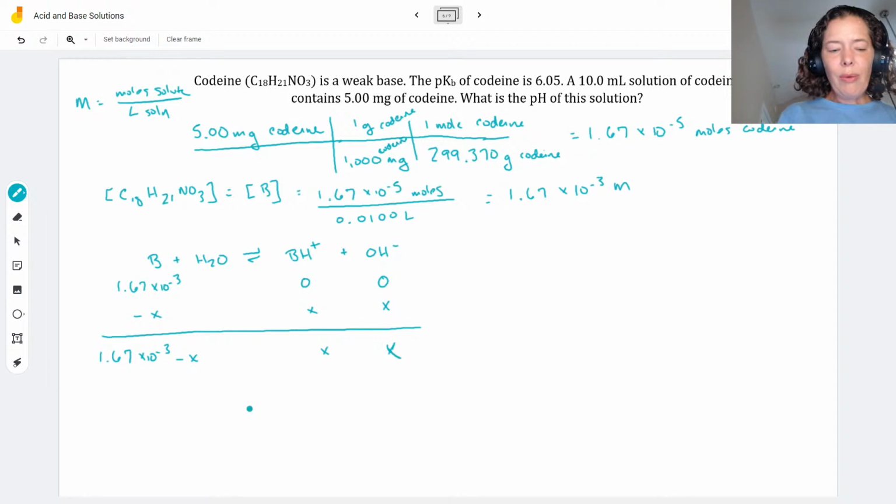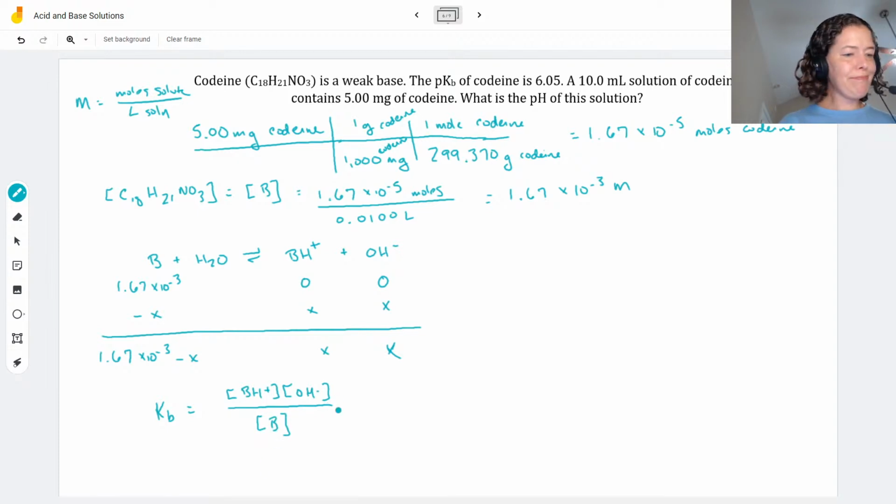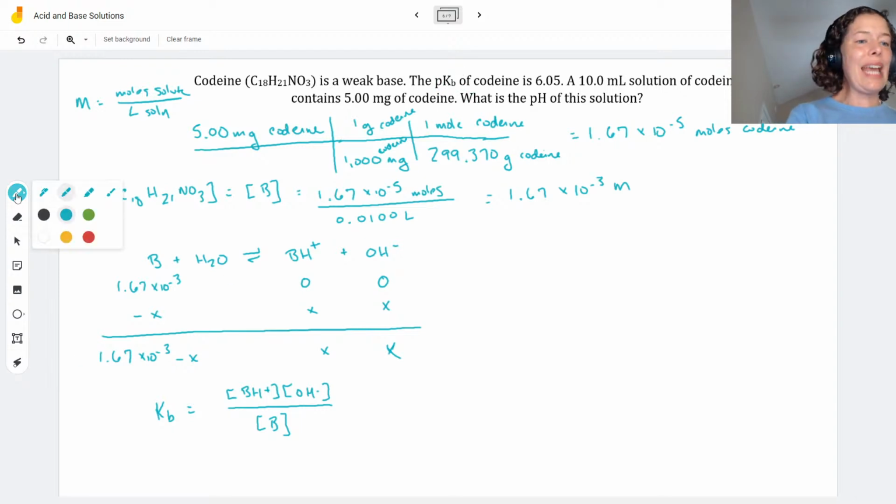And now my Kb for base is going to equal my protonated base times my hydroxide, again, just pulling from my balanced chemical equation, over my original concentration of base. And I need to do a little side calculation because I want Kb here, but they gave me pKb.